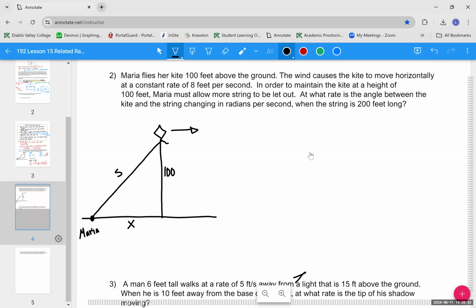Okay, so back to trying to make sense of this. The wind is causing the kite to move horizontally. Now I see that I have a rate. So I figured out which direction it's going. And if it's moving at 8 feet per second, how is that changing something in this triangle? What is my known rate?